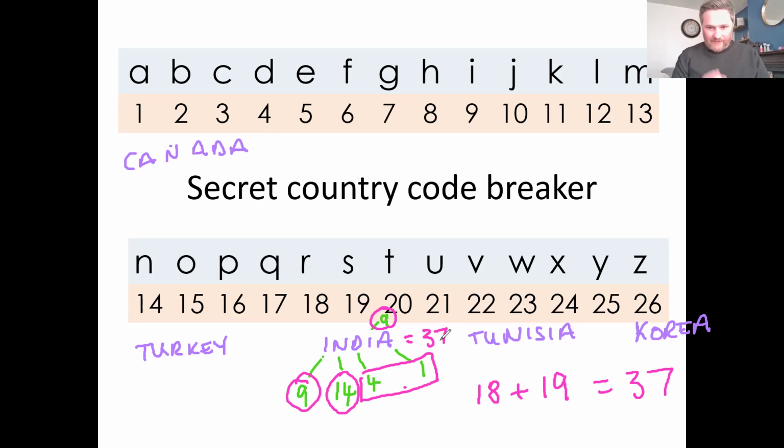Right. So put me on pause and see if you can figure out all of the countries. When I come off pause, I'll show you the answers and you'll see did you get your answers right?